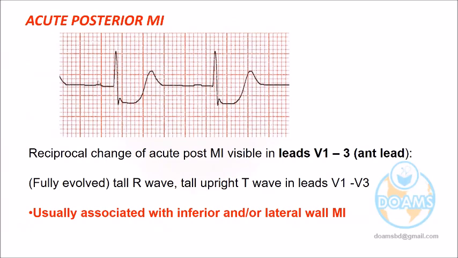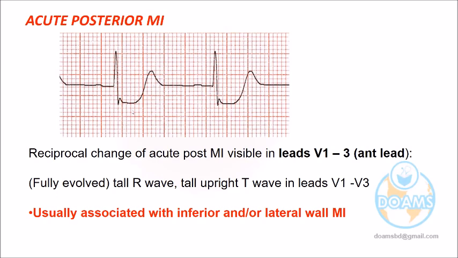You see, this is R, this is ST depression, this is T. In which lead? V1, right? So V1 is not directly representing ST elevation. This is anterior, right? V1 is an anterior lead a little to the right side.